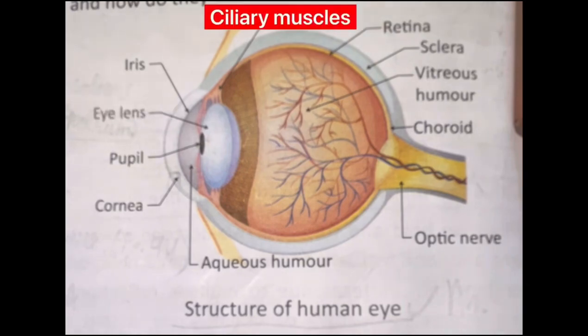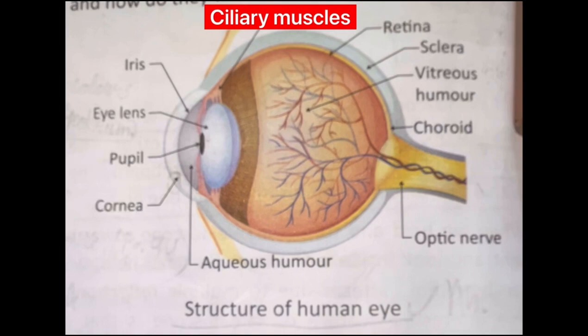Next is ciliary muscles. There is a ring of muscles whose function is to hold the eye lens in its place and to change the focal length of the lens by making it thick or thin to see both the nearby and distant objects. When ciliary muscles are relaxed, the lens becomes thin and focal length is increased.